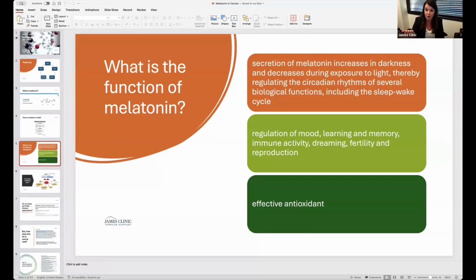No shocker that this may affect that as well. But what we're really going to focus on today is the fact that melatonin is a very effective antioxidant. It's actually a little bit stronger than vitamin C and vitamin E in the body at those antioxidant doses. So that's really the reason we are going to incorporate it in what we're doing.